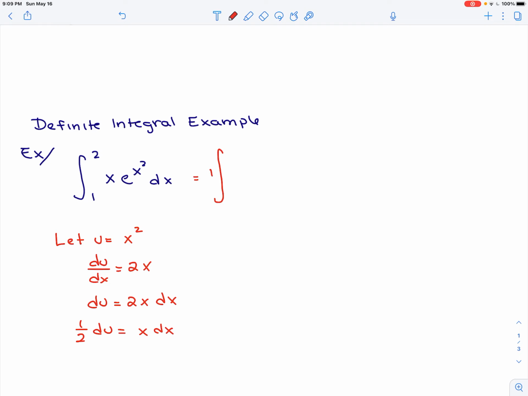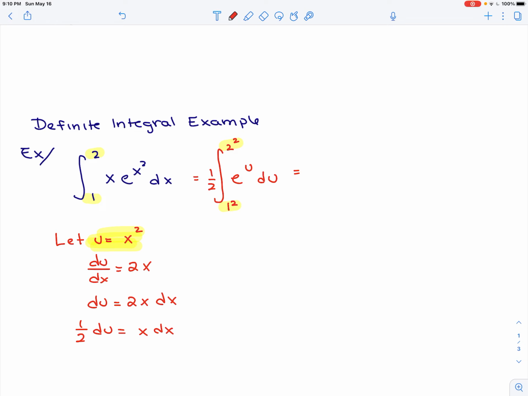I'm just going to pick a method, so I'm going to change everything to u. So I get a half, and then e to the u du, and then I have to change these limits over by making it 1 squared and 2 squared. So again, these are x values, and to make them u values I use this, and so they're changed over to u values.